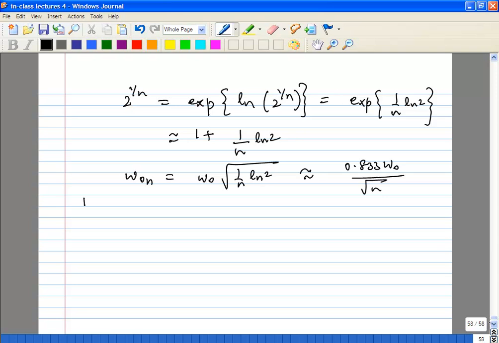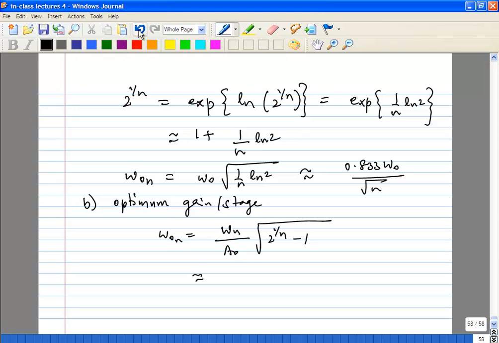How about the gain? So you want to find out the optimum gain per stage, which means the optimum number of stages. Okay. So now that you know this, you found the expression for omega n, you can do d omega n by dn equals 0. So remember that it is this.